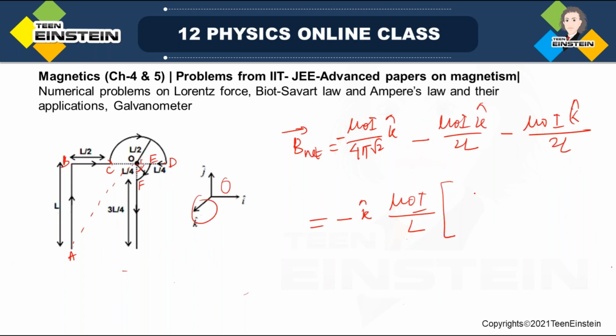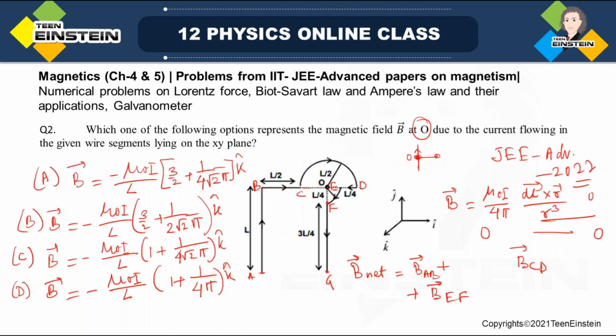So these two terms will be half and half, contributing to 1, and this will be 1 by 4π root over 2. Look which one is matching with us, that is C. So this is how we have to solve this problem.